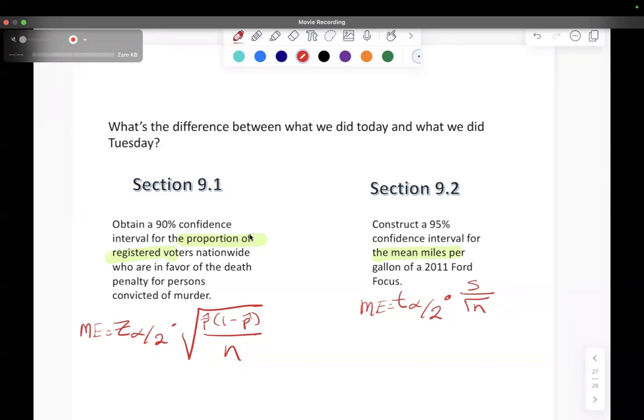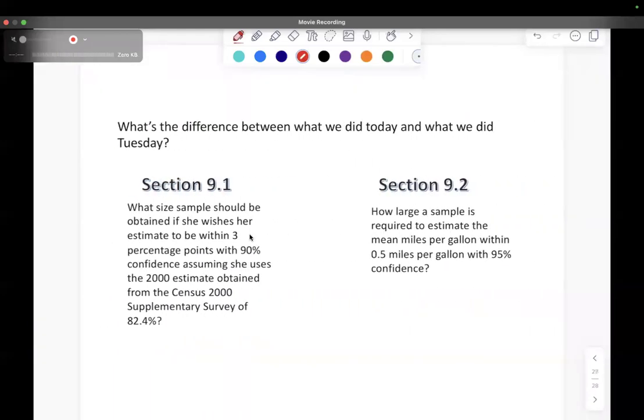Okay, I'm going to pop to the next screen. So this is for the sample size. If it says it wants it within a certain number of percentage points, that's what you're going to look for, like within 3% or within 2%. It'll give you a percent that it wants you to be within. That's where you're going to use p hat times 1 minus p hat times z sub alpha divided by 2 over the margin of error squared.